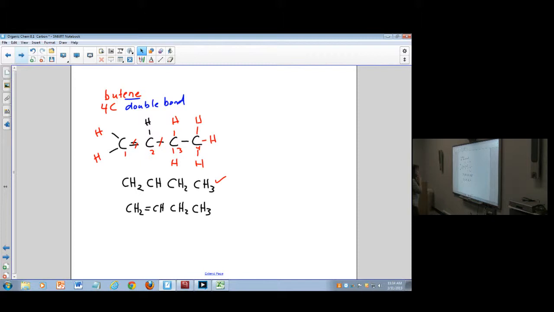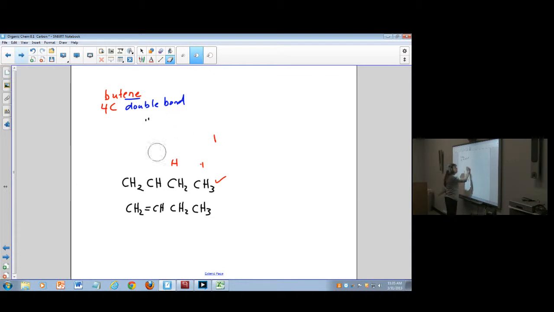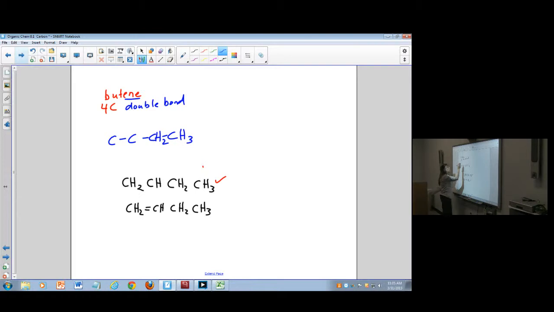All right, so I'm not quite done here. Another thing we need to look at is, I'm going to erase this so I can make a point for a minute. And I'm going to rewrite some of it. So C, C, C, C. I'm going to say CH2 here and CH3 here.